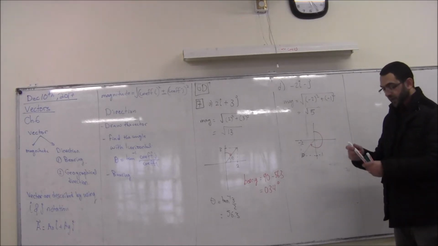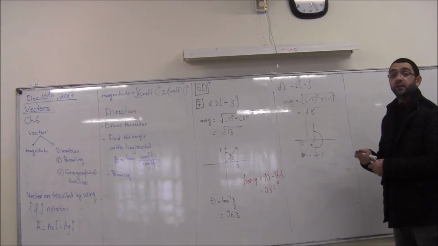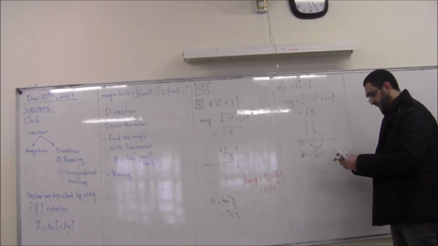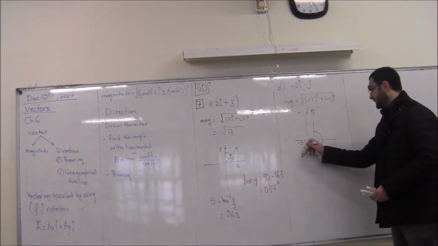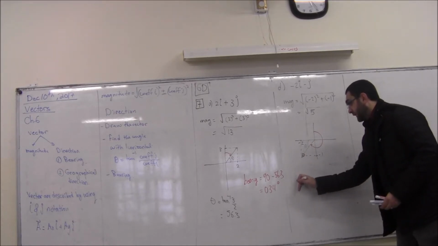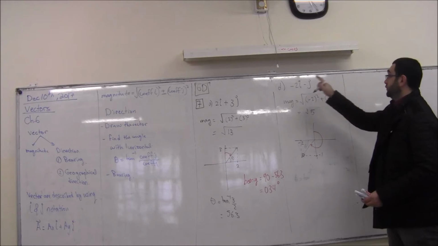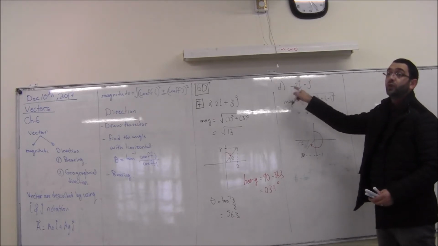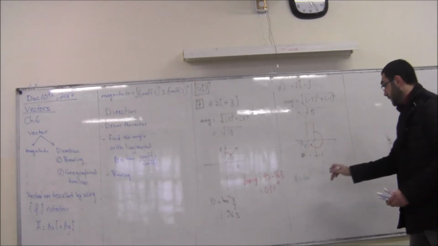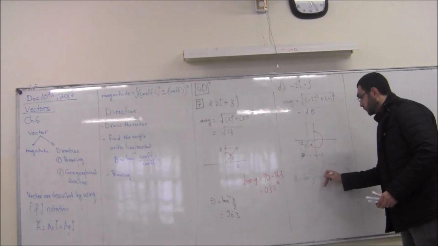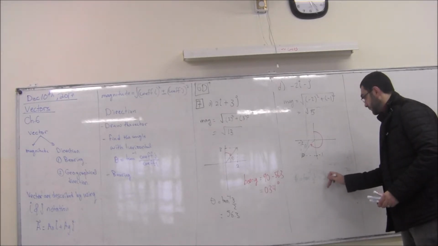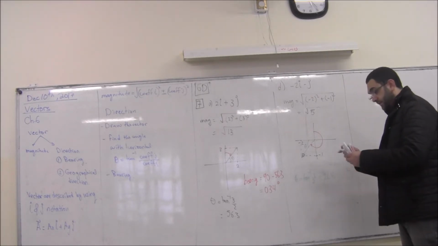Where is my theta? From the x-axis. So theta equals tan inverse of the coefficient of j divided by the coefficient of i without signs, 1 over 2, which is 26.5.